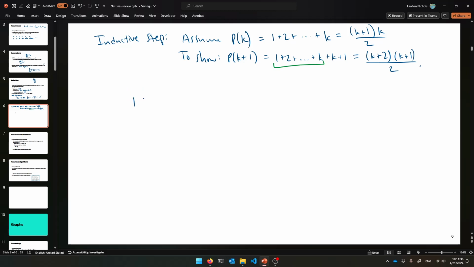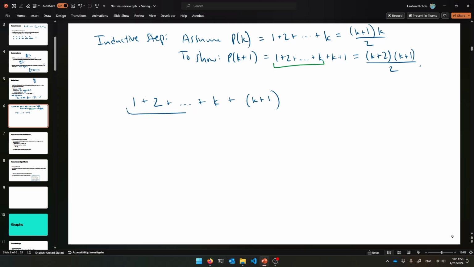So all right, here's our proof. The sum of all these numbers, we need this on the left, and we want to end up with this on the right. So 1 plus 2 plus all the way plus k plus k plus 1. That's what we start with.